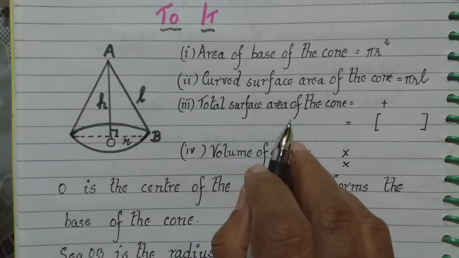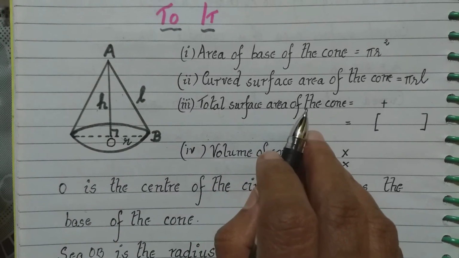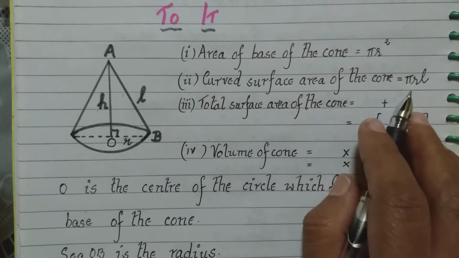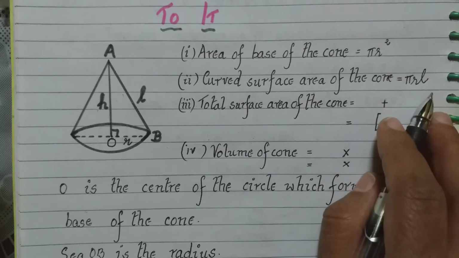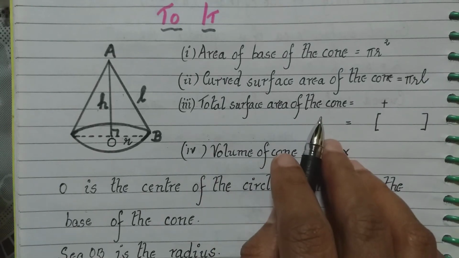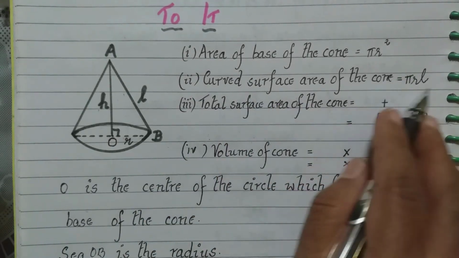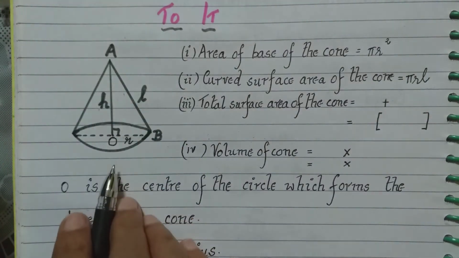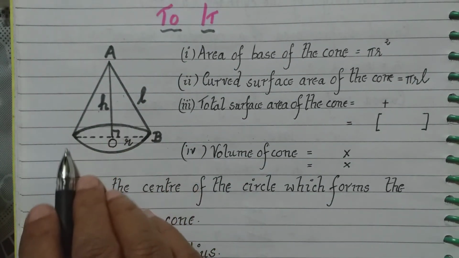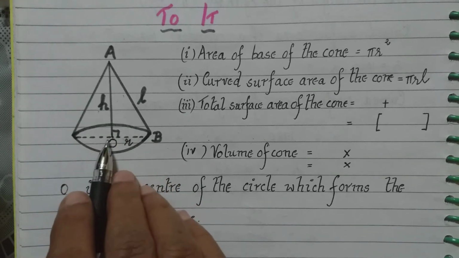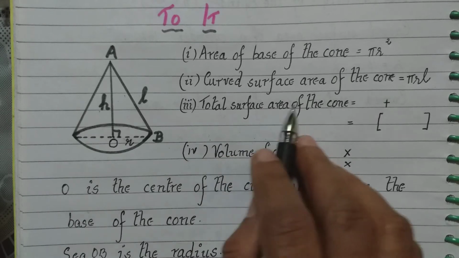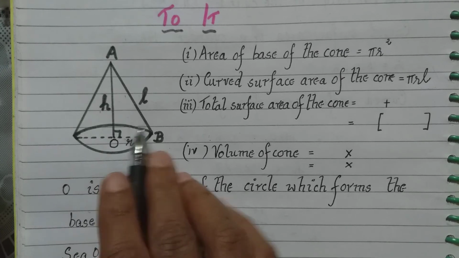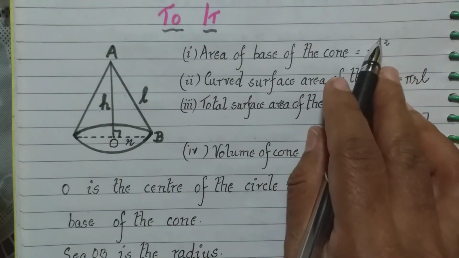If you remember, when we took the curved surface area of the cylinder, we said that it is 2 pi r h, but here the curved surface area of the cone is pi r L. Now coming to the total surface area of the cone. This is the curved surface area of only the above part. We are not talking about the base, which was a circle. So when we say total surface area, it will be curved surface area plus the area of the base, and the area of the base we already said is pi r square.